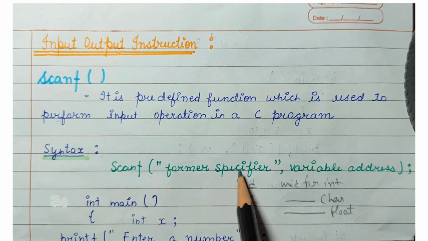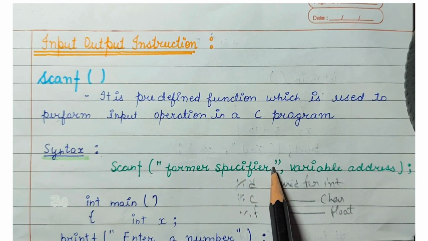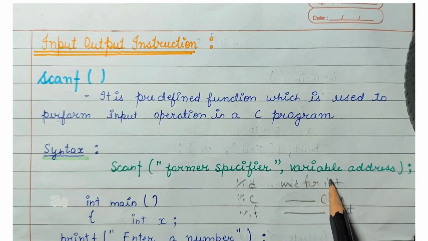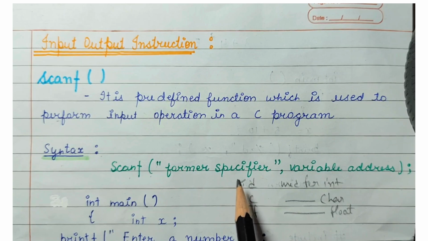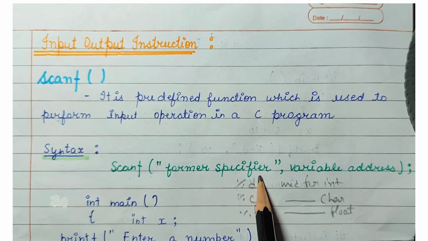So include the format specifier for the type of value you want to input. If you want to input a numeric value, we use the %d format specifier. If you want to input a character value, we use %c as the format specifier. If you want to input a float value, we use %f as the format specifier.